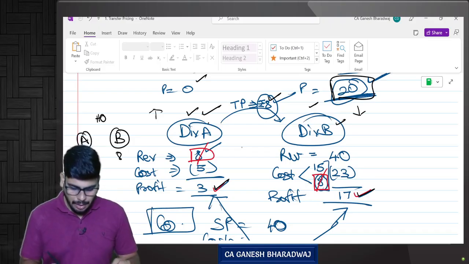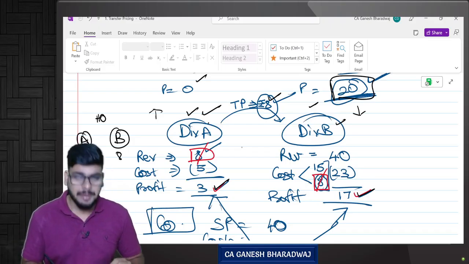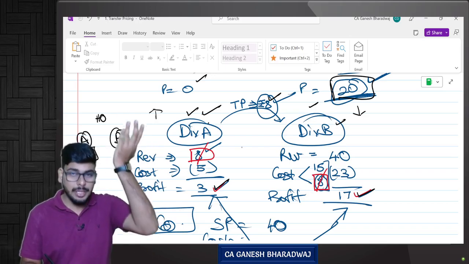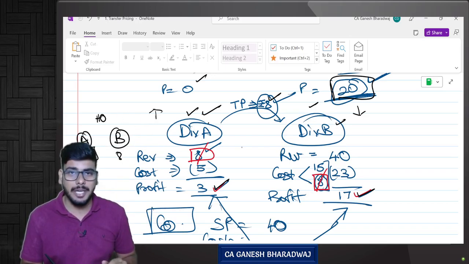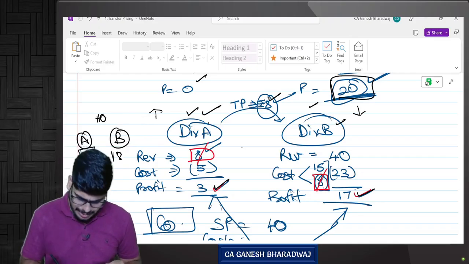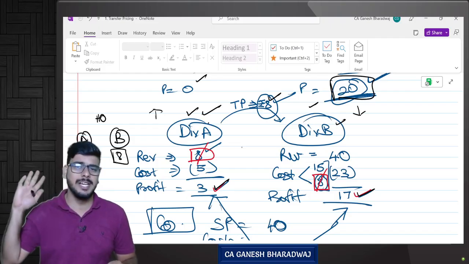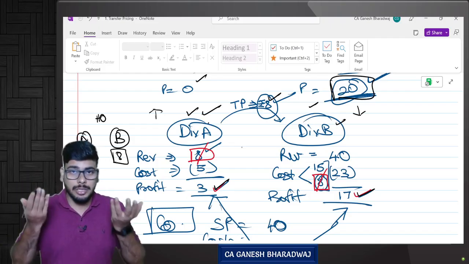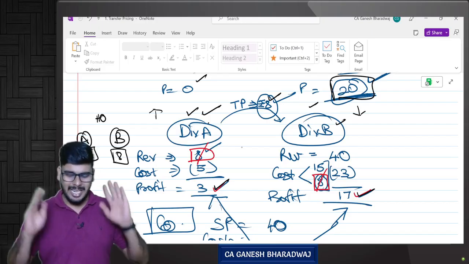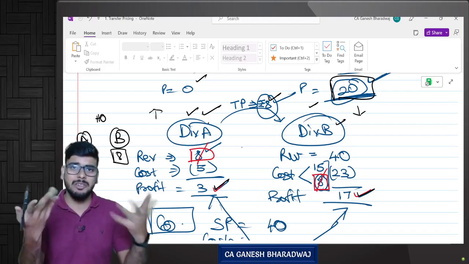Division A demands 15 rupees. Why? The more the transfer price, the more the revenue of division A. Whereas division B says, no, the maximum I am ready to pay you is only 8 rupees. Why? Because the more the transfer price, the more will be division B's cost, correct or not? Anyway, from the viewpoint of the company as a whole, it will not impact, correct?